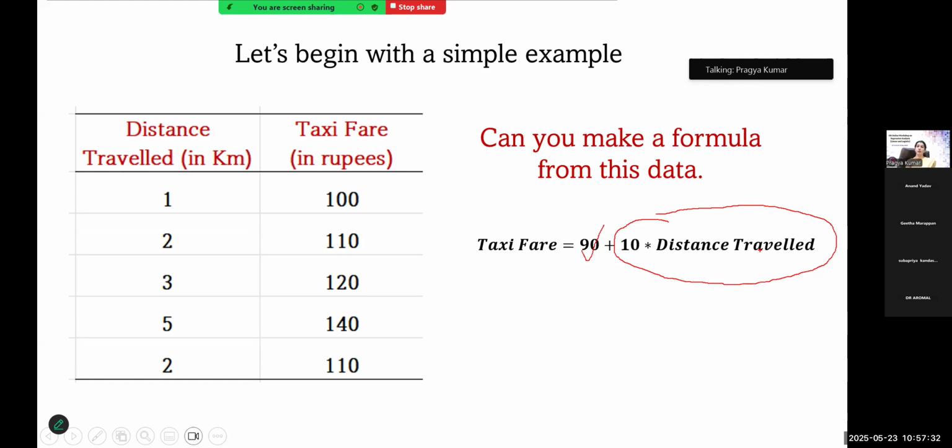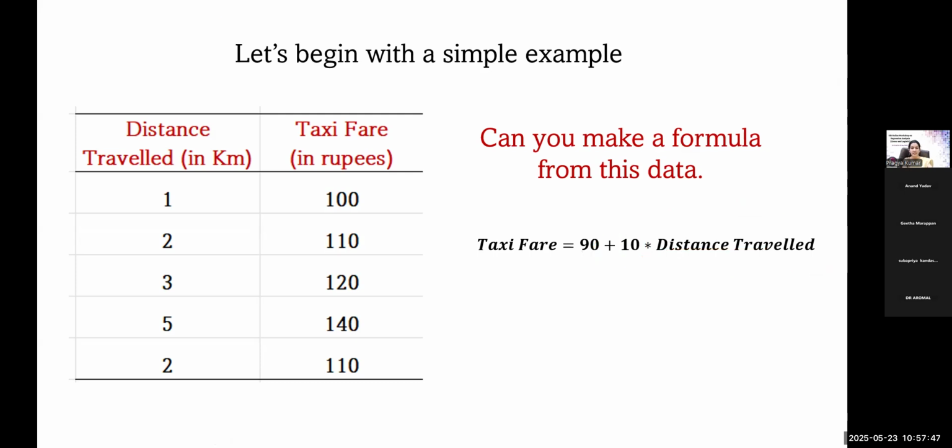Then only you can predict. In this case, this 10 is a fixed number, and the distance traveled is changing. In your equation, it will be 100 plus x, then 100 plus 2x, 100 plus 3x. Then this coefficient will be changing, and this will not be in the form of a linear equation.